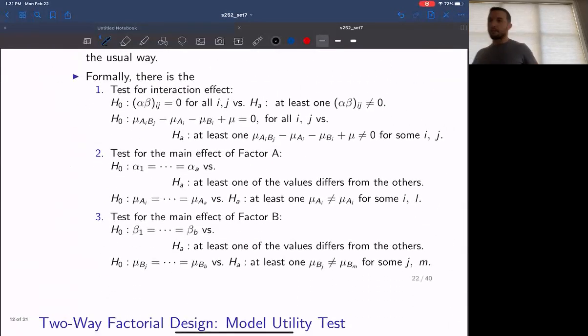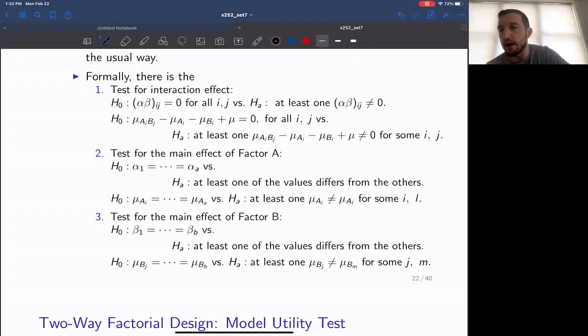Okay. So it follows that the two-way ANOVA analysis or experimental design will lead to 3 different F-tests. An F-test for the interaction, and then an F-test for each main effect. And these F-tests are effectively identical to the F-test that we saw in the one-way ANOVA case or in the CRBD case.